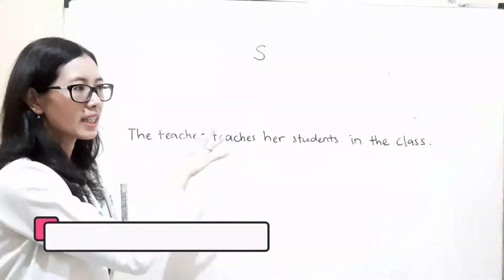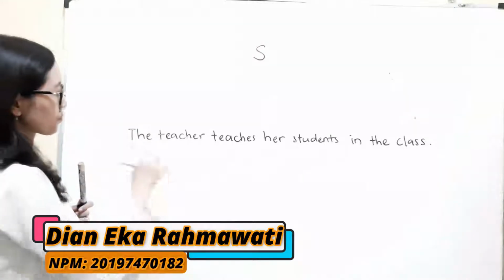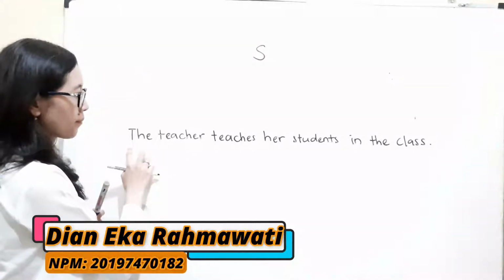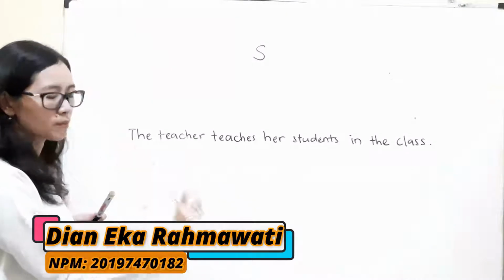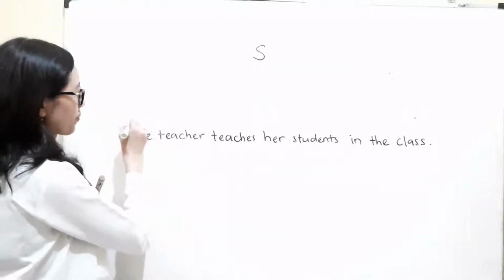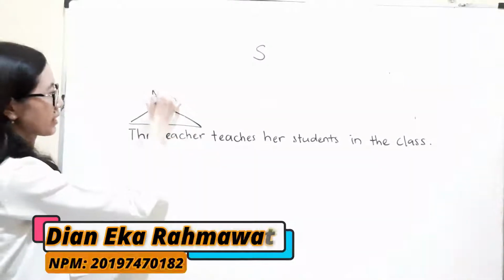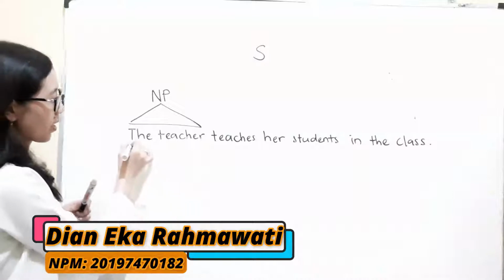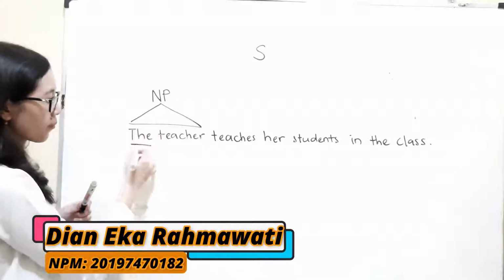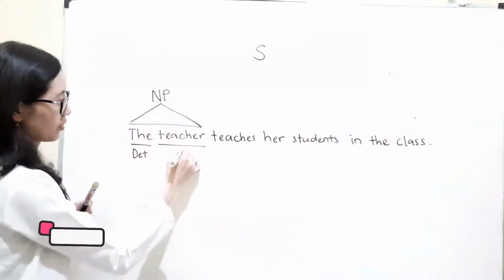Before we analyze the inner part of this sentence, I'm going to analyze this sentence into a smaller part, which is the phrase. The teacher. The teacher is the noun phrase, formed from the determiner and noun.